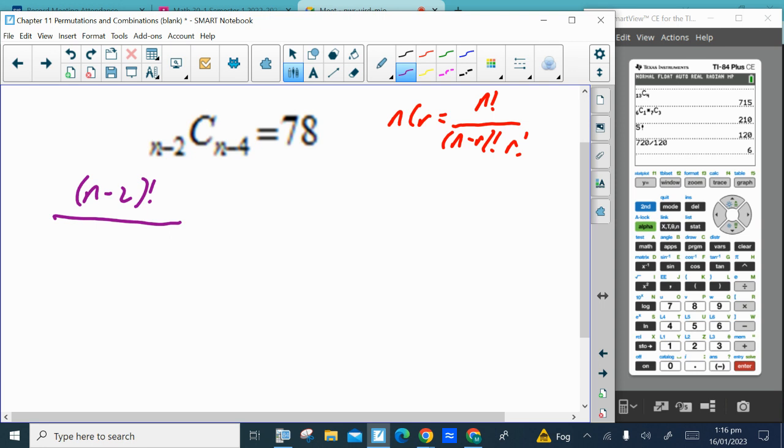Remember, n's what's in front of the C. When I do the n minus r, I'm going to introduce an extra set of brackets here because we have to subtract all of the n minus 4 from the n minus 2. So that part there just represents the n minus r factorial. And that's followed by r factorial, or n minus 4 factorial.